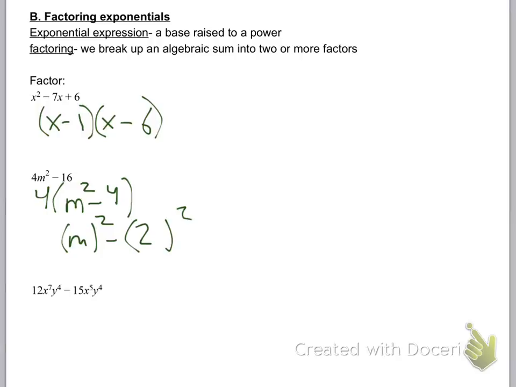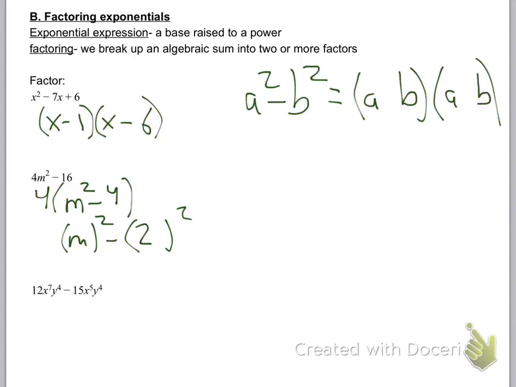That tells me what my A and B terms are, because you guys should remember this. A squared minus B squared. What does that factor to? A, B, A, B. One of them is plus and the other one is minus.